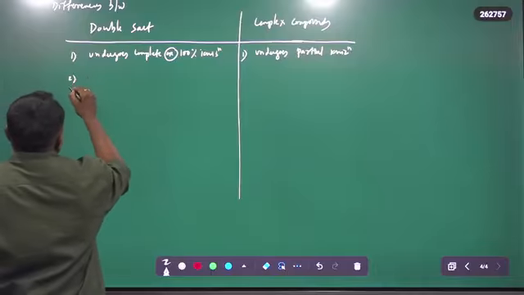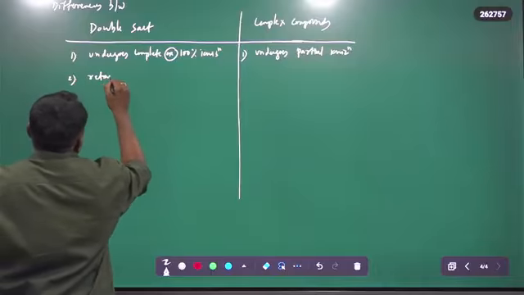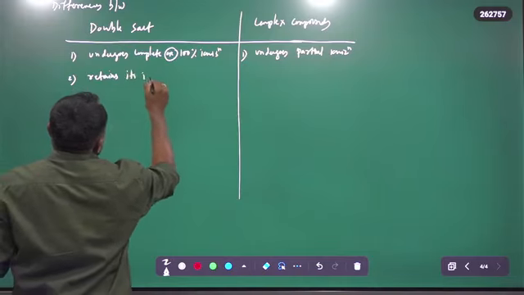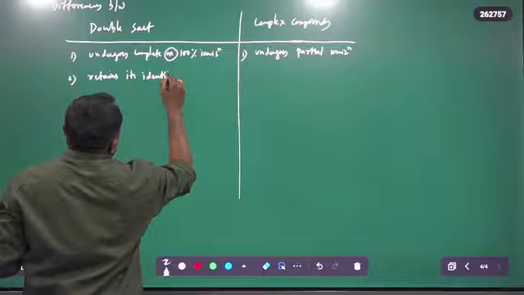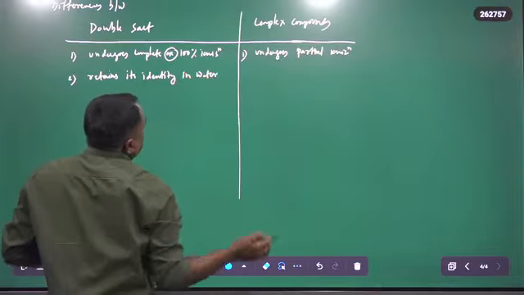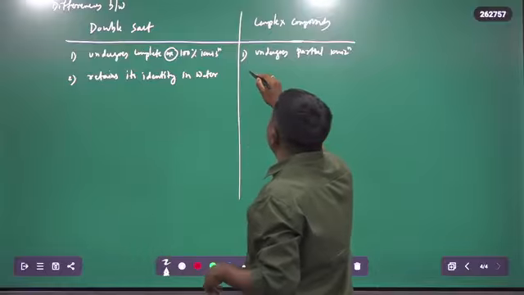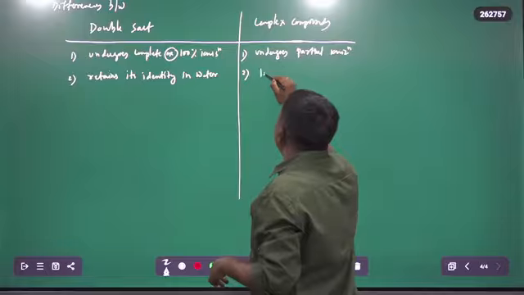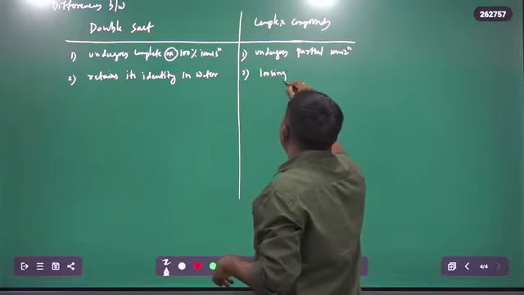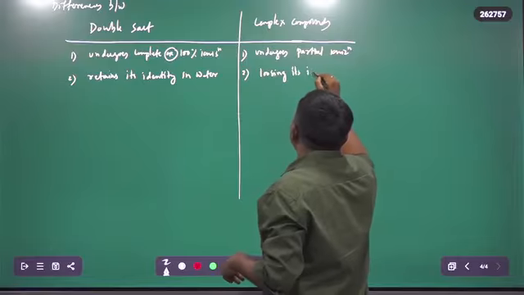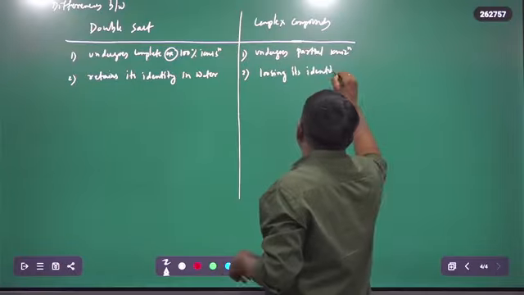And the second point: a double salt retains its identity in water, whereas complex compounds cannot. Complex compounds lose their identity in water.